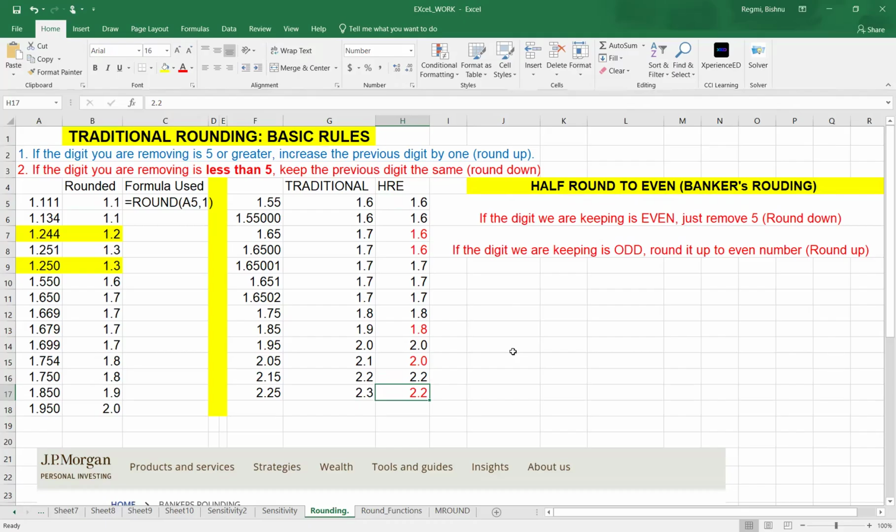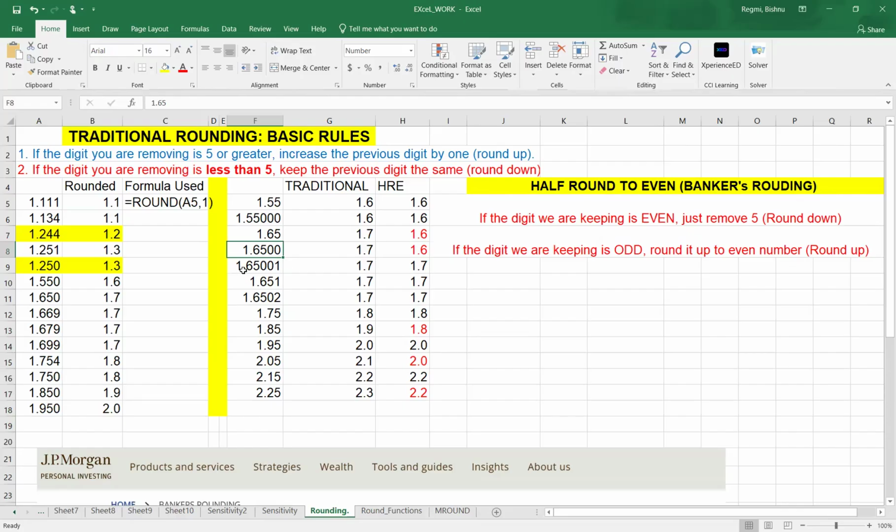So, I want to emphasize these three values here. 1.65, this is exactly halfway. 1.6500 is also exactly halfway because these zeros do not count.